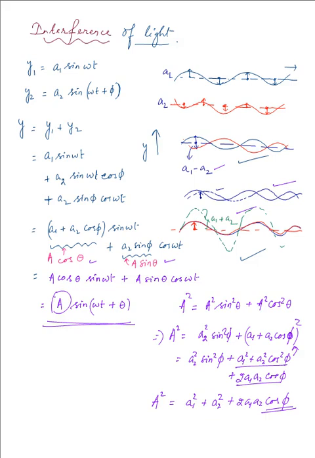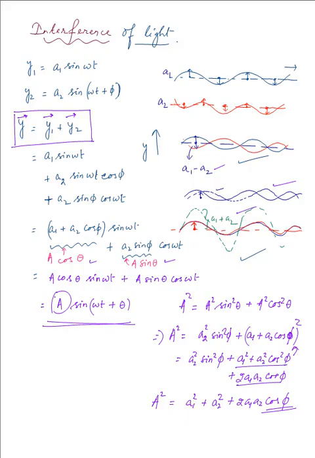So it won't be wrong if we represent this principle of superposition that I have written over here in vector form. So y is equal to y1 plus y2. Now for simplicity we drop the vector as of now because we have obtained the magnitude, that is the square of the amplitude.